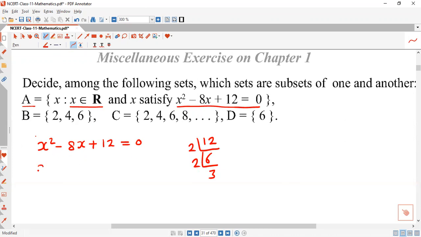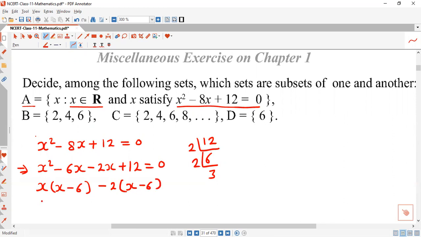Okay, 8 comes out. x square minus 6x minus 2x plus 12 equal to 0. So we take x common: x minus 6, and minus 2 common, x minus 6. Now we take x minus 6 common, and we get x minus 2 equal to 0.